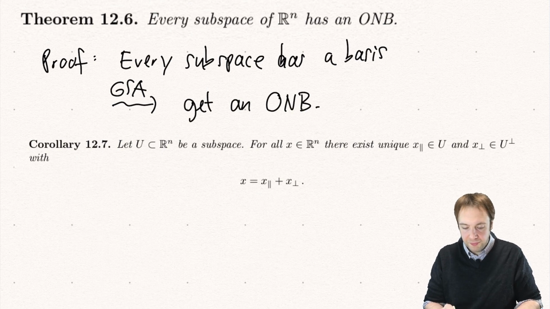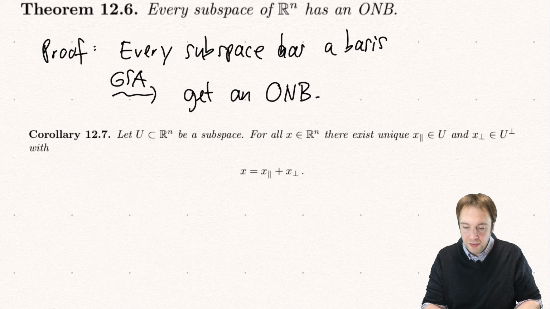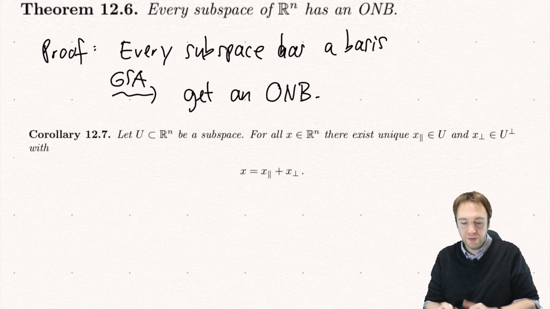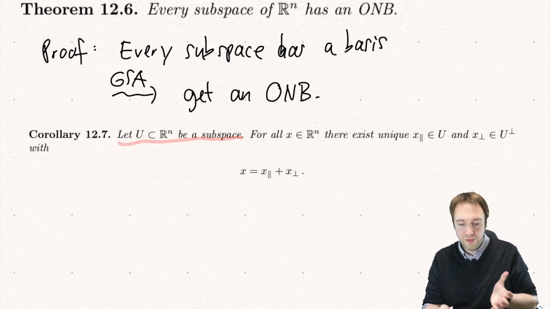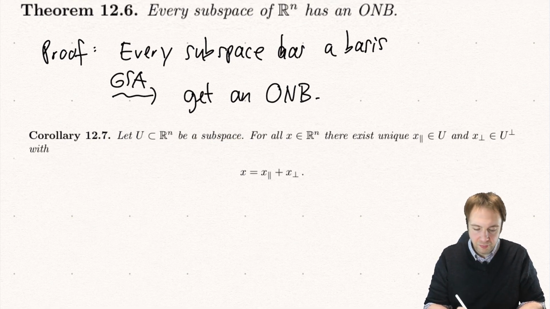So this is similar to the last statement of the lemma, except in the lemma we assume we have an orthonormal basis, but thanks to this theorem we don't need to assume this anymore, because we now know that every subspace has an orthonormal basis.